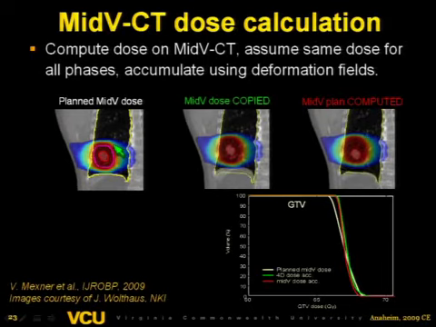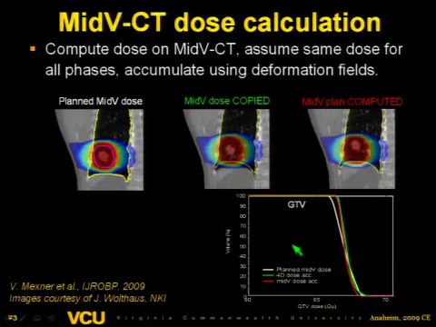Computing the dose only on the mid-ventilation data set is a little bit less accurate, but I'm going to leave it up to you to decide whether or not such differences are a big concern or a smaller concern.